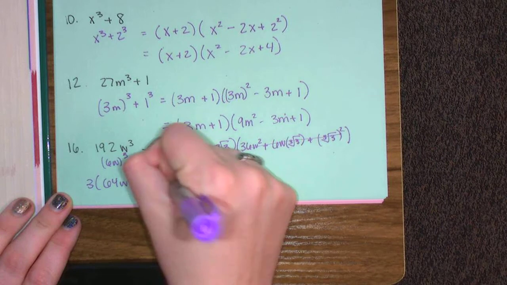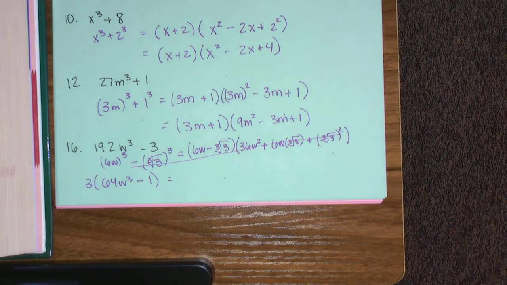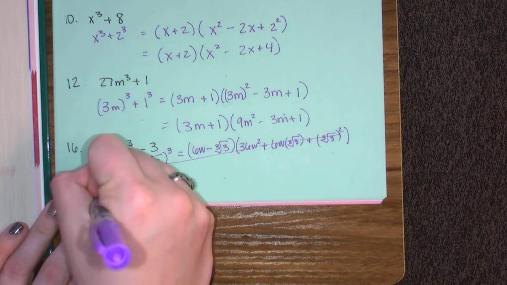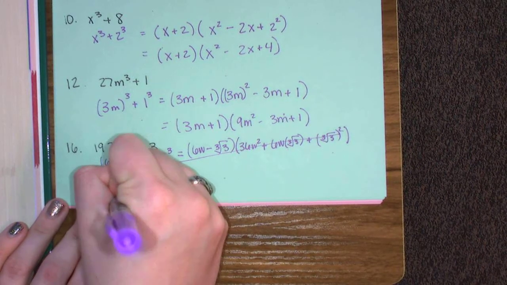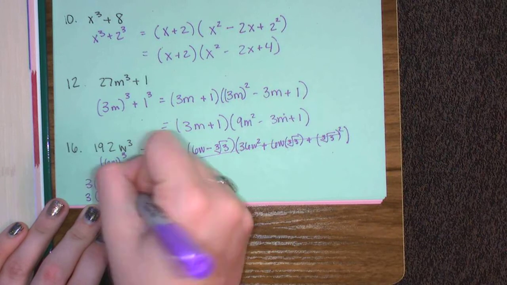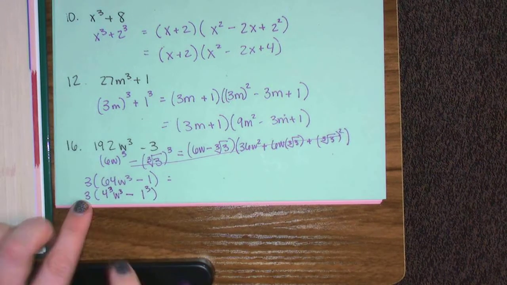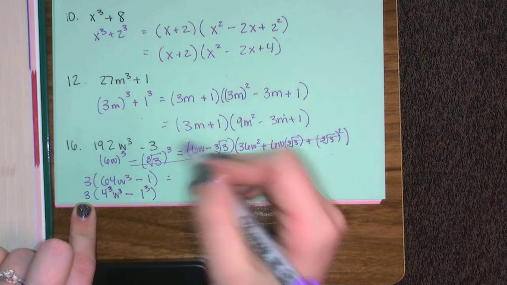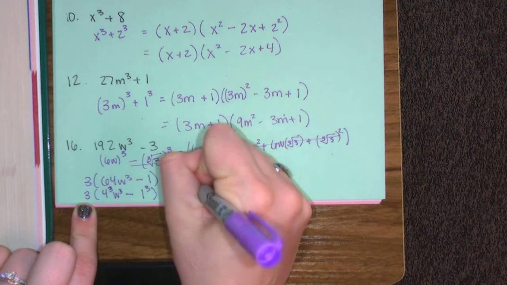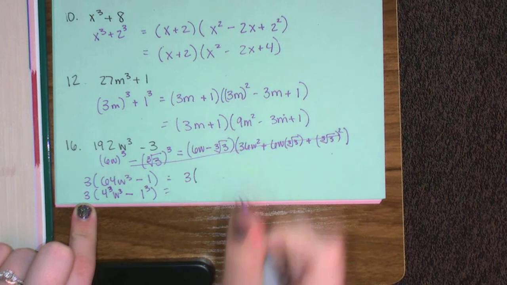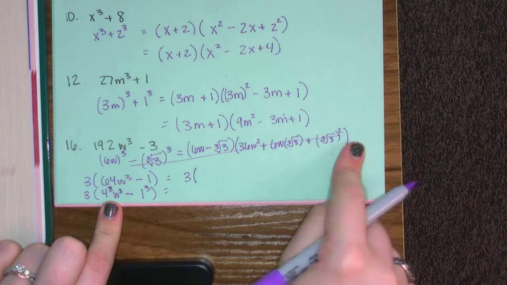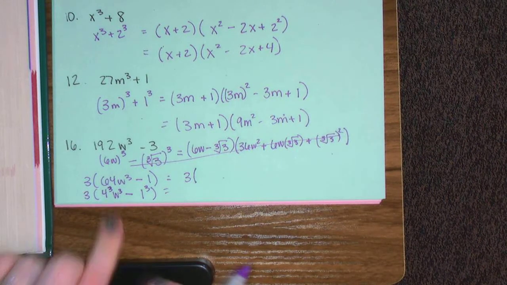Alright, so how can I rewrite 64? 4 cubed, w cubed, minus 1 cubed. We have to make sure we keep this 3 out front. So I have 3 times, and now I need to fill in all the stuff. So what do I put here now?